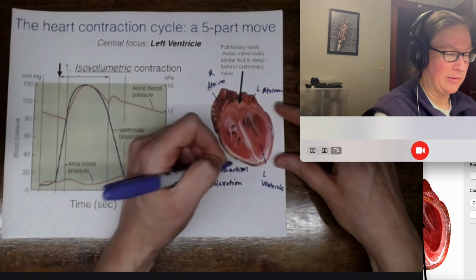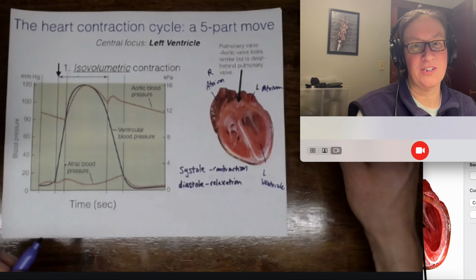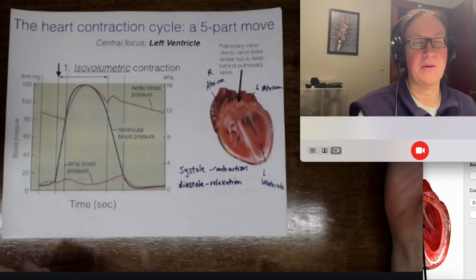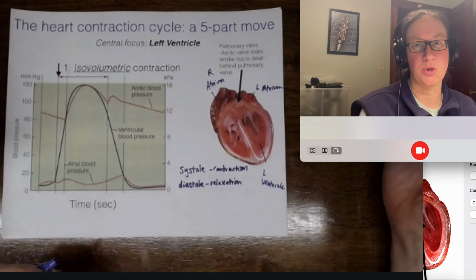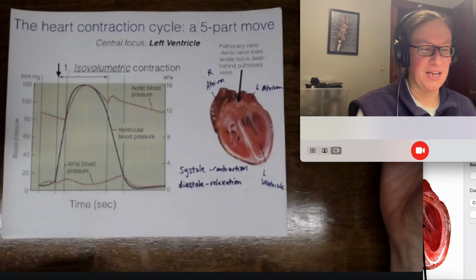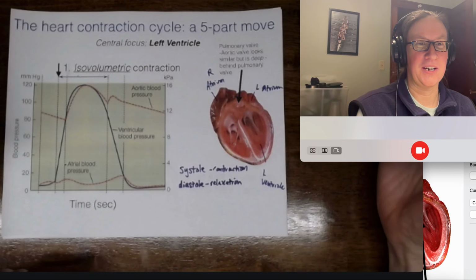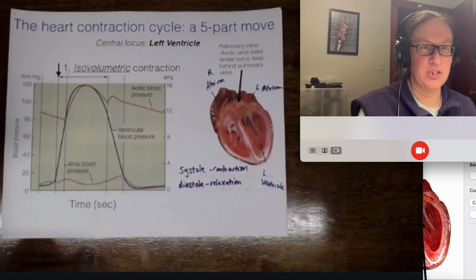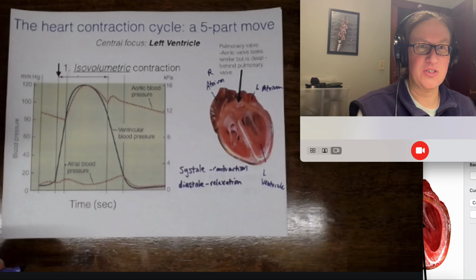And for most of what I'll be talking about, I'm going to be referring to ventricular systole and ventricular diastole, right? So these are what we would measure for looking at someone's blood pressure overall. But the atria also contract, so we'll see atrial systole enter the picture at a certain point. But we're going to start out at the stage where the ventricle starts to contract.